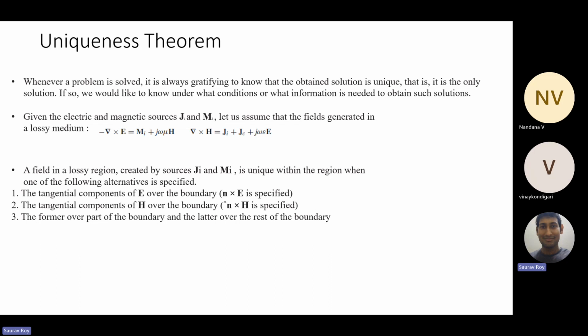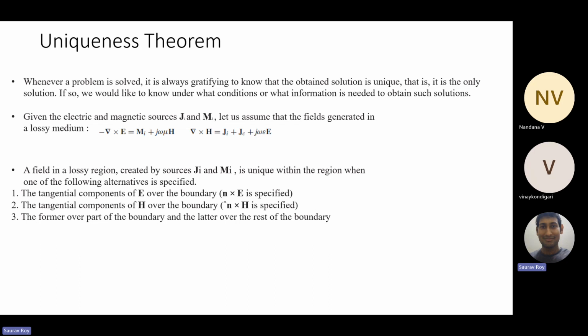Because in all our antenna analysis, our basic analysis is done through a current source or magnetic source. We use these for excitation. So that is why, if we have these sources, then the solution, in terms of electric field and magnetic field, is unique within that region when one of three conditions is satisfied. So let's see.